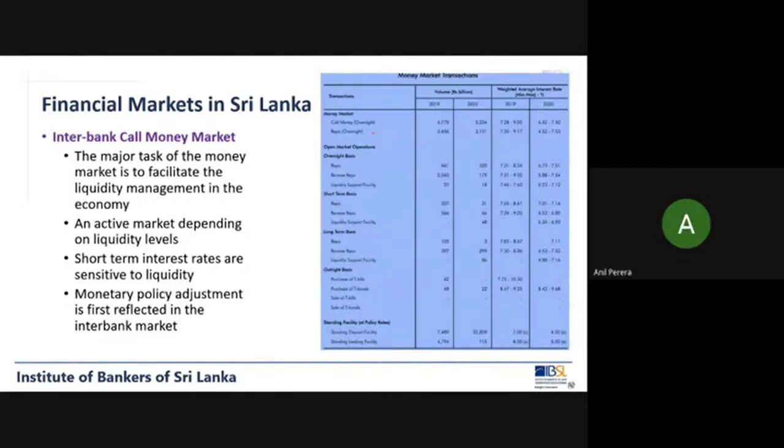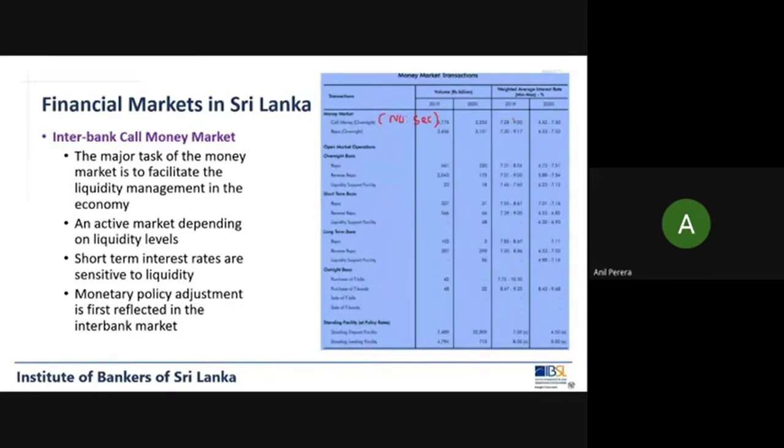Exactly, yes. The repo market involves securities. In the call market, no securities. What do you mean by security? To take a loan, you have to have a collateral, isn't it? If you are taking a loan from a bank, you have to have a collateral.